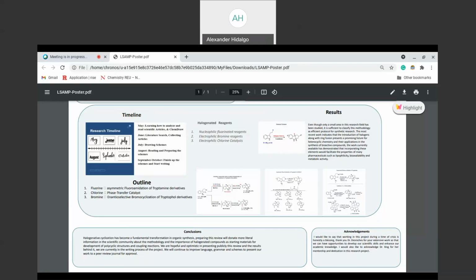We are currently working on the literature and the writing. So we are hopeful and optimistic that we can possibly in the future present this review and its results for approval to a journal.